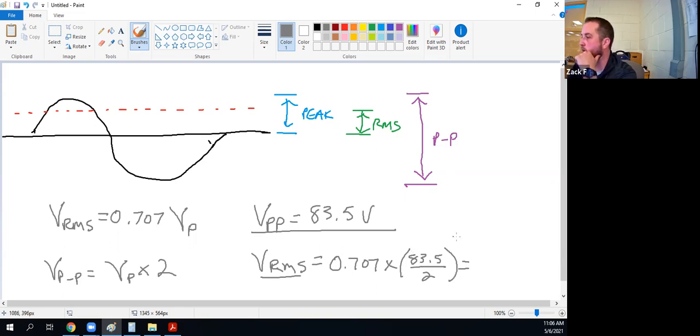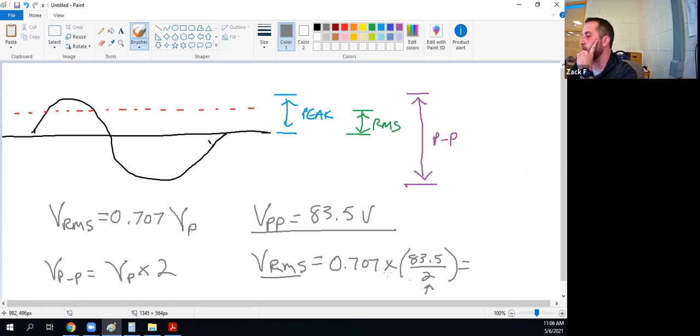So what are you getting for an RMS value? 41.75. That's V peak. That's 83.5 divided by 2.